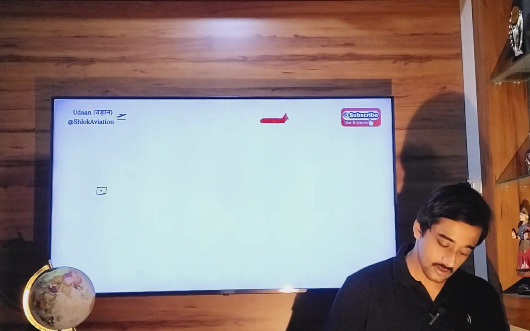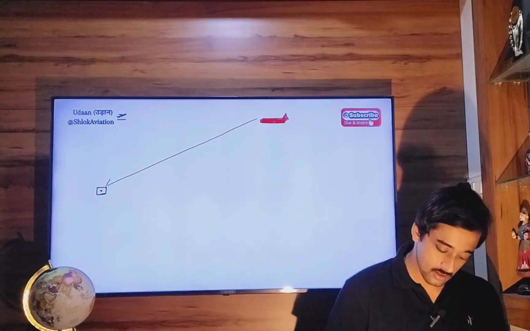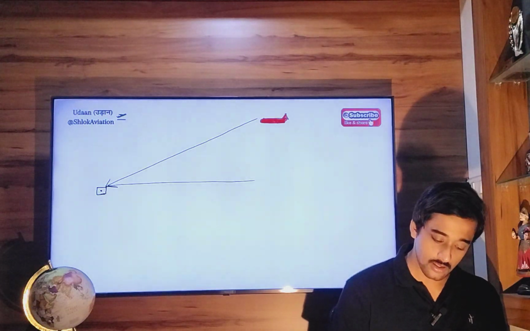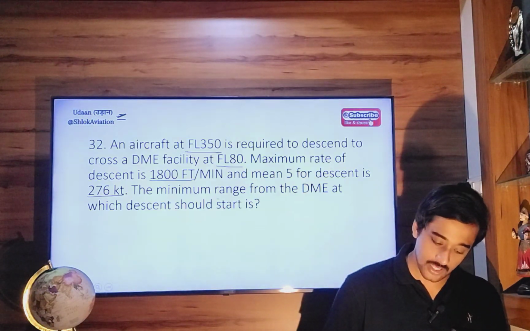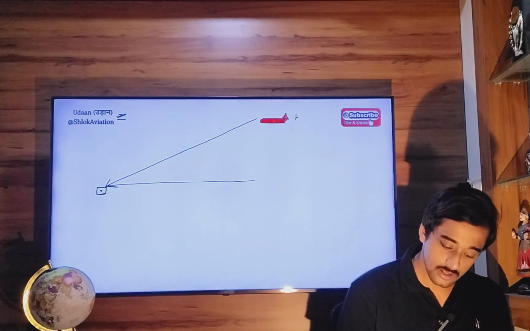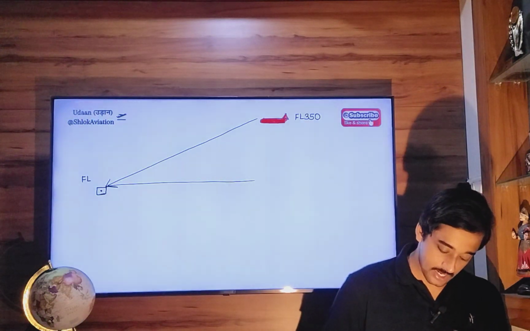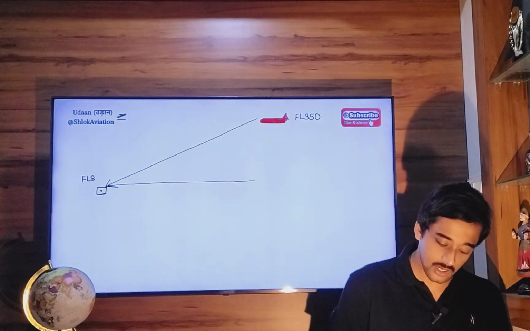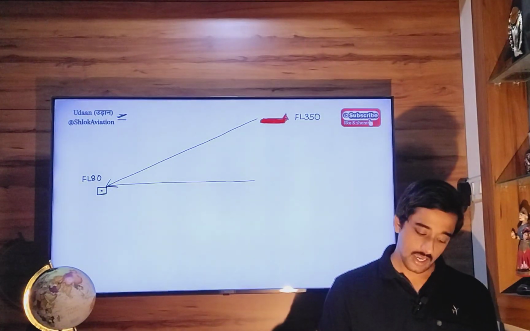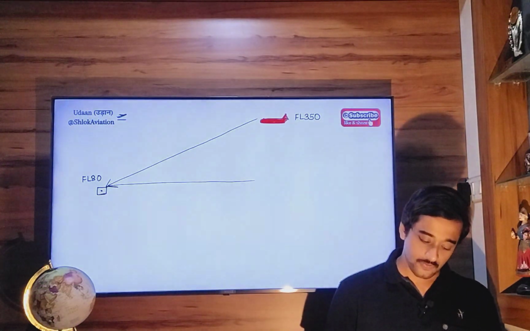Your aircraft is at flight level 350. The DME is at flight level 80. That means you have to arrive over the DME station at flight level 80.